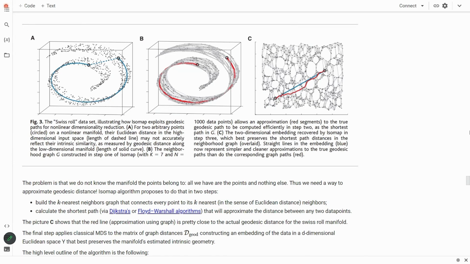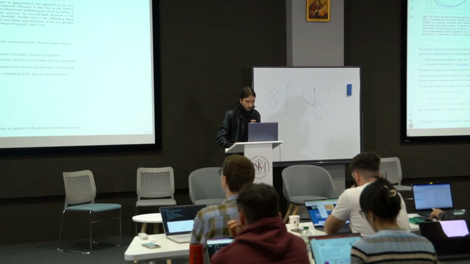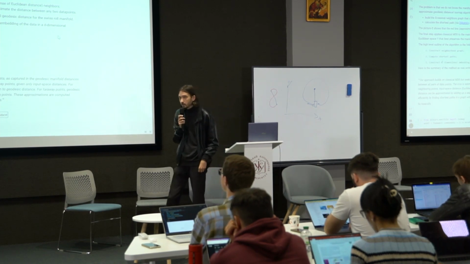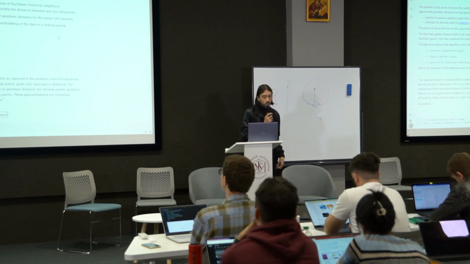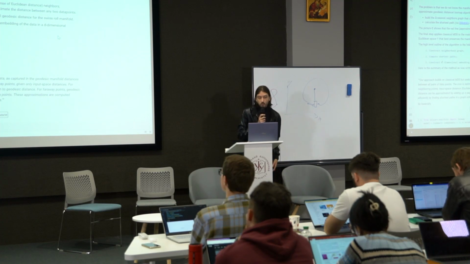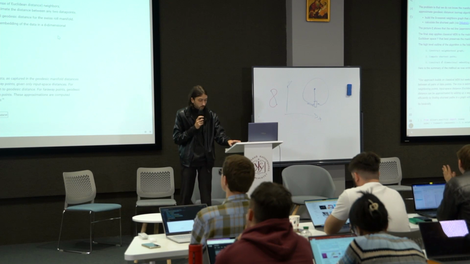So probably, yes, it will somehow differ from the real distance, but it's much better than calculating the distance in the ambient space. How do you find that shortest distance? Well, computer scientists know at least a few methods to do that. For example, you can calculate the shortest path with Dijkstra or Floyd-Warshall algorithms, so you probably know something of that.